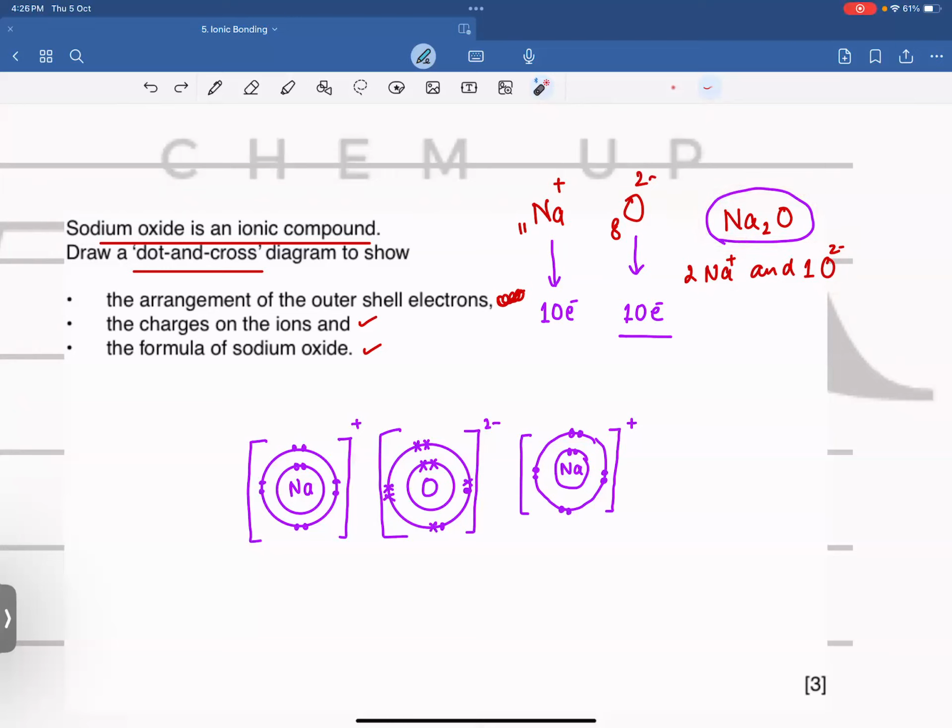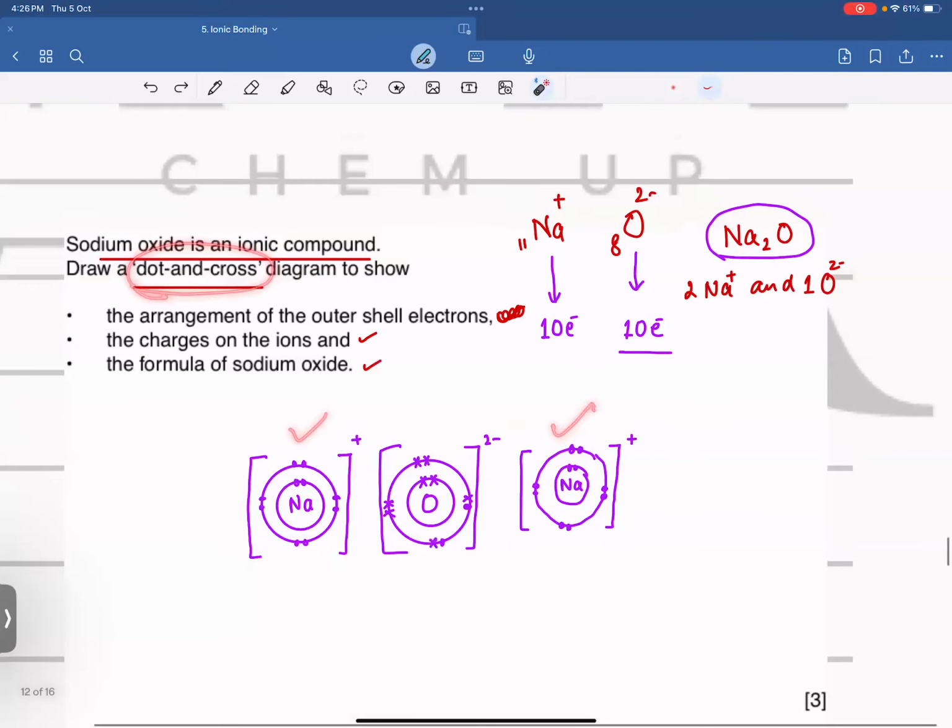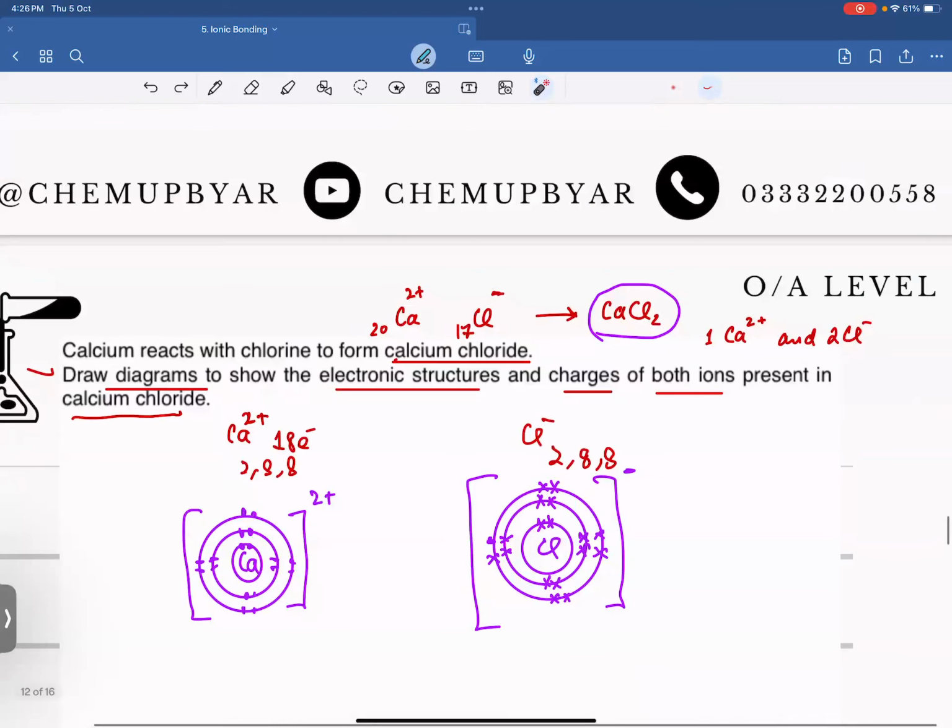So I have to draw both sodium ions and 1 oxide ion. Whenever examiners say draw dot and cross, if there are 2 ions in the formula, I have to draw that ion twice. But if the examiner says to draw electronic structure, even if there are 2 ions, I need to draw only once.